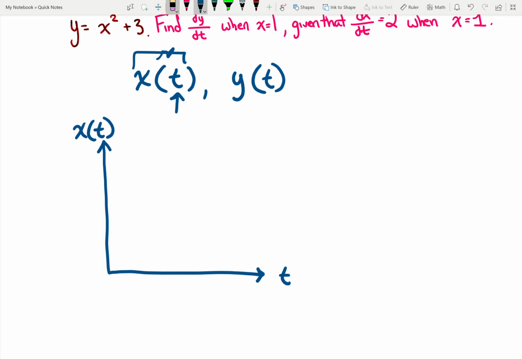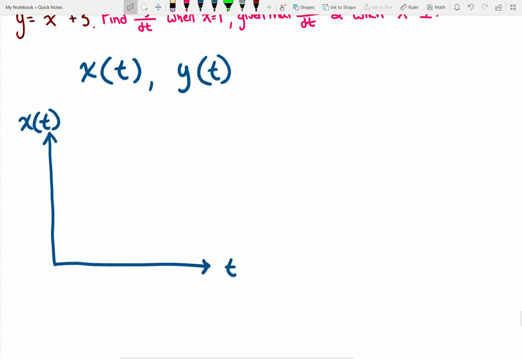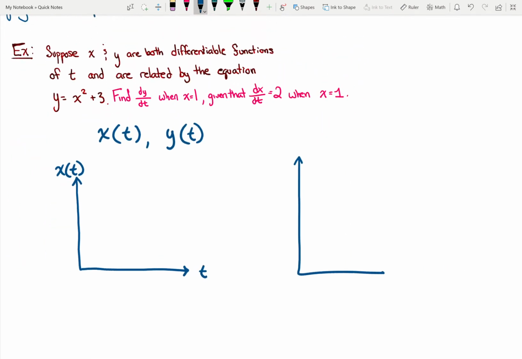The same thing goes for y of t: I have y of t on the vertical axis and t on the horizontal axis.